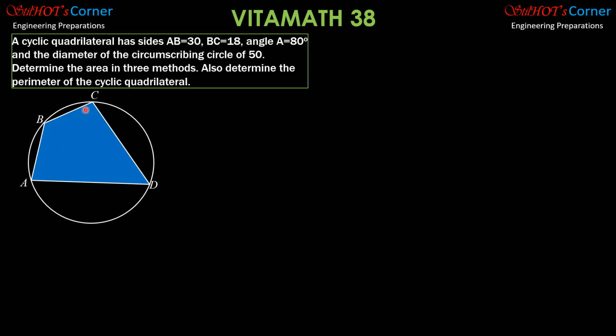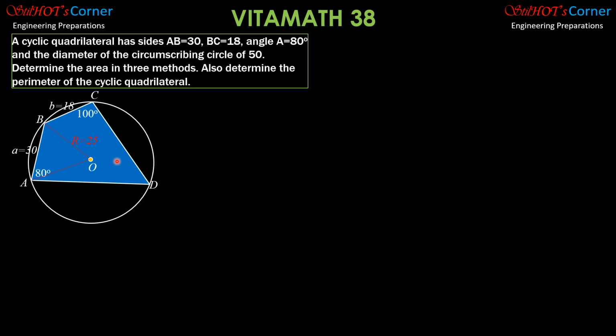So here is the cyclic quadrilateral, which is inscribed in a circle, from the preceding Vitamath problem about cyclic quadrilateral. Side AB is a, which is equal to 30. BC is b, which is 18. And we have unknown sides c, CD, and AD. And angle A is 80 degrees.